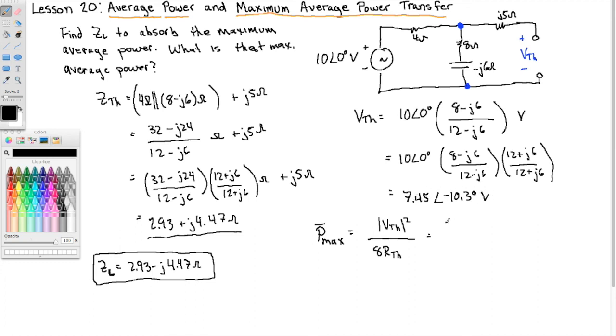So this is 7.45 squared, volts squared, divided by 8 times the Thevenin resistance, that was 2.93, and this is in watts. So this comes out to be 2.37 watts. That's the answer.